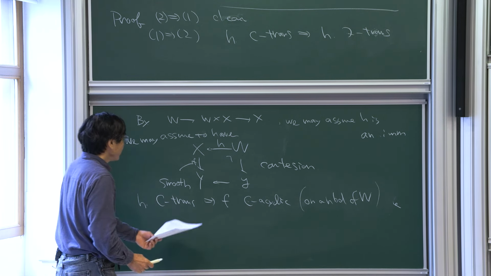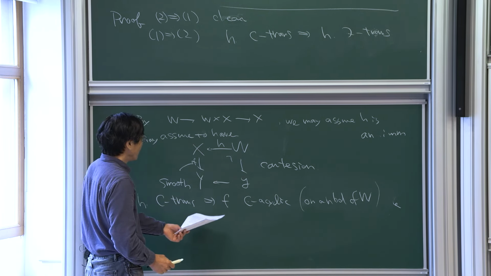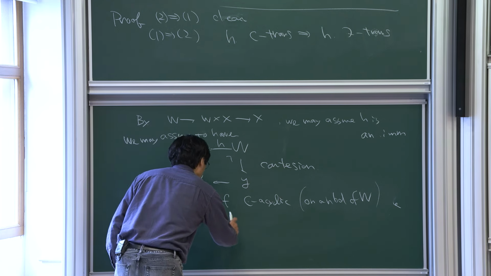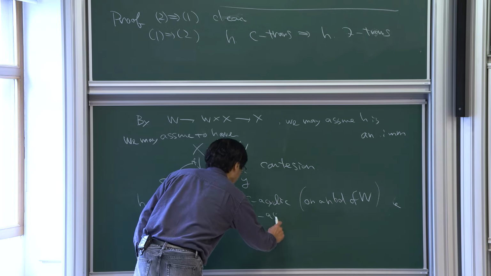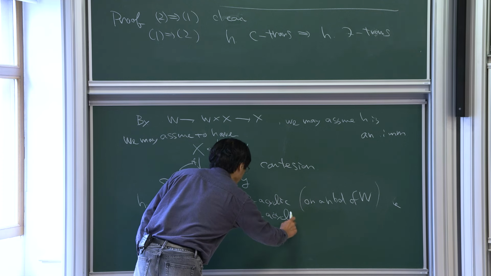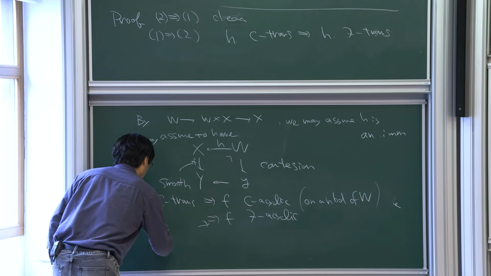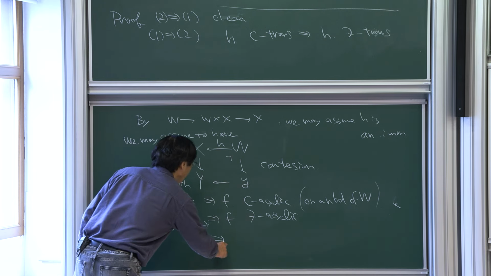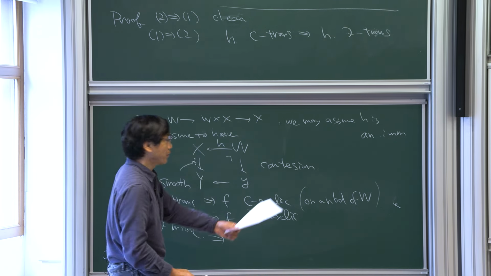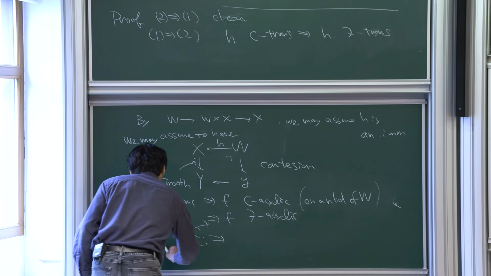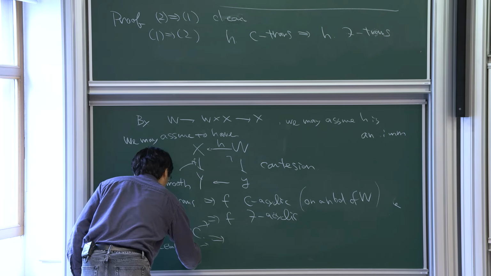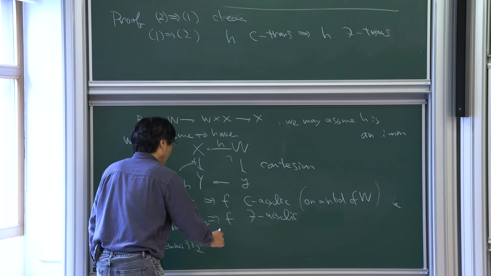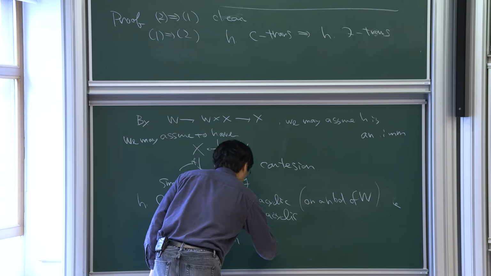Then since we assume that our sheaf F is micro-supported on C, this implies F is f acyclic, because F is micro-supported on C. And then by that lemma, this h is F transversal.